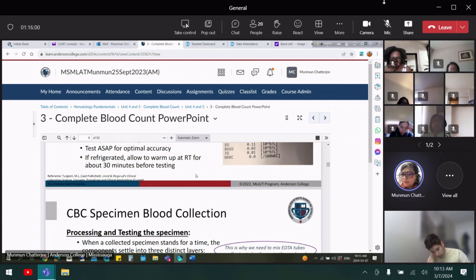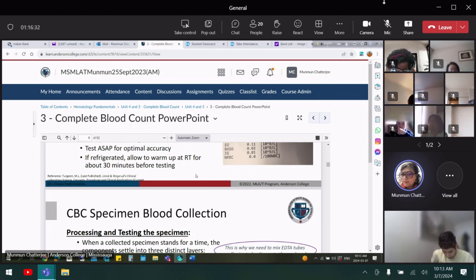Even for the INR, plasma tubes, forget it, we are going to separate the plasma. For the group and reserve tube, for the INR tube, before doing any test, you have to invert it a couple of times. Why do we invert or mix the tube? Even suspension and even distribution of the components. That's right.